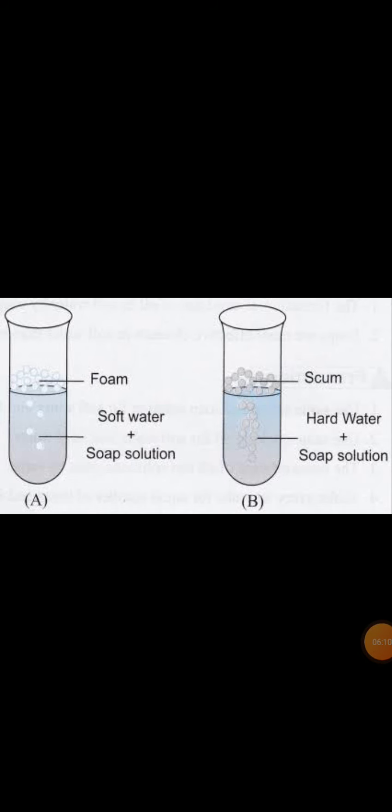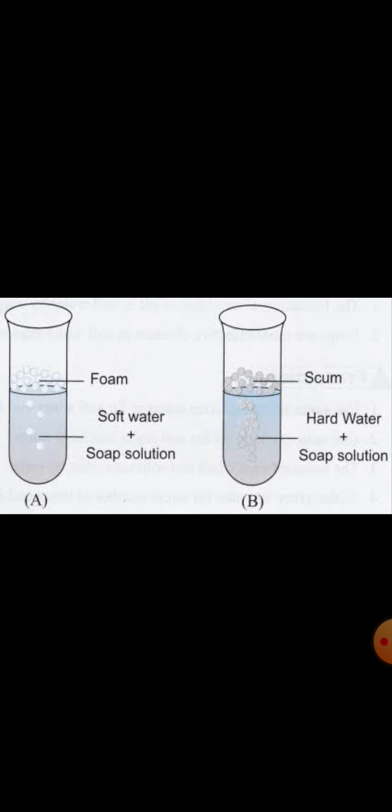So by this activity we can easily define what scum is. What is foam? Bubbles, and that is formed with soft water and soap solution, whereas hard water and soap solution does not give foam, it gives scum. What is scum?